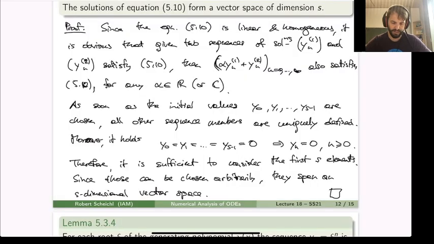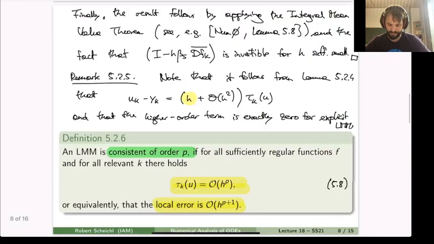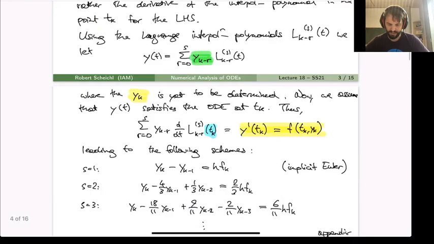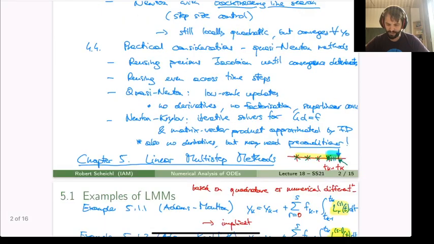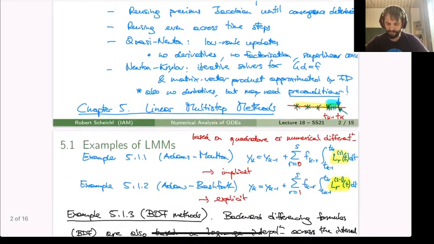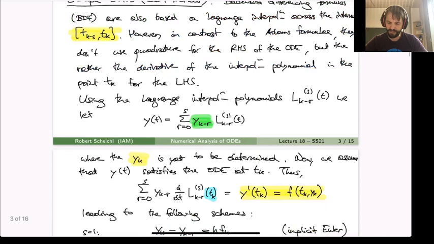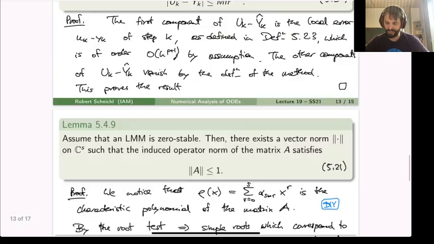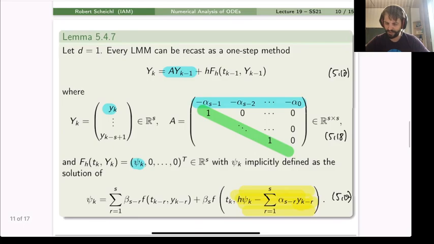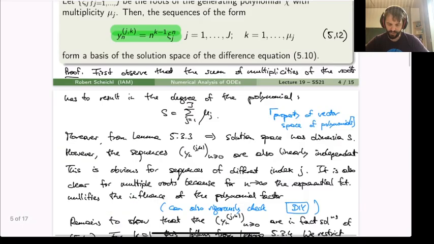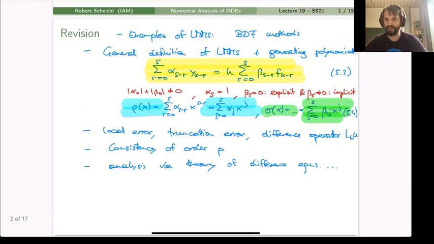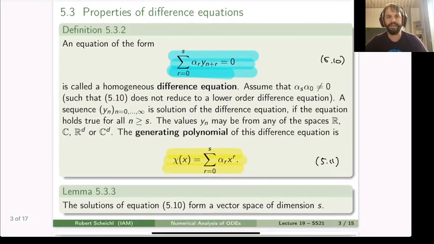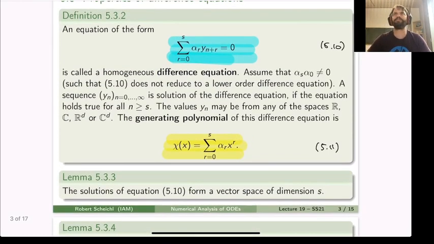In lecture 18 we were looking at the consistency of linear multistep methods, and then lecture 19, which I only published today, so I don't expect you to have watched that yet, looks at stability and convergence properties. So any questions?